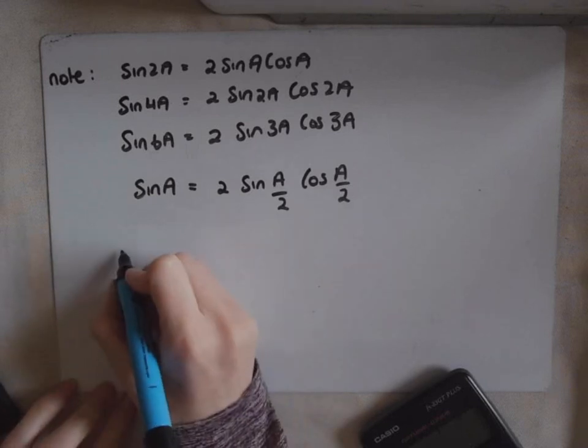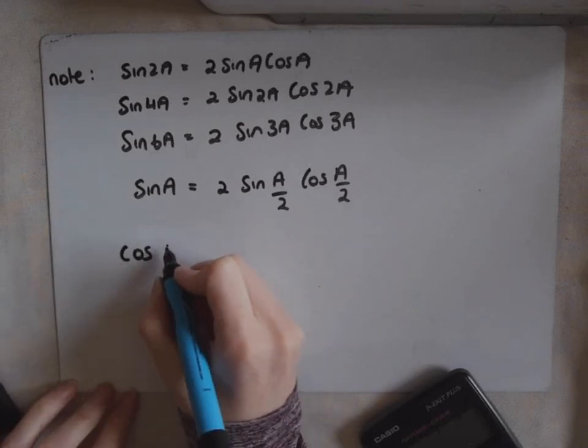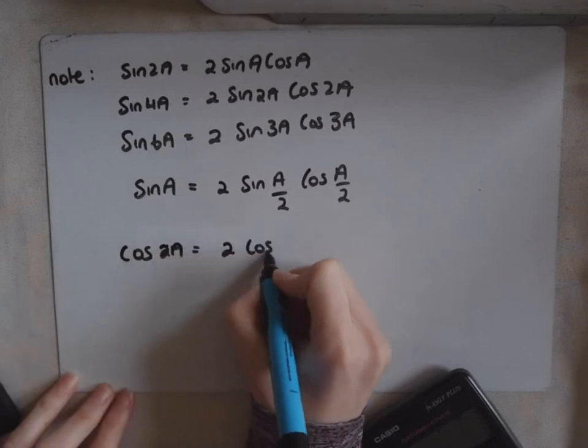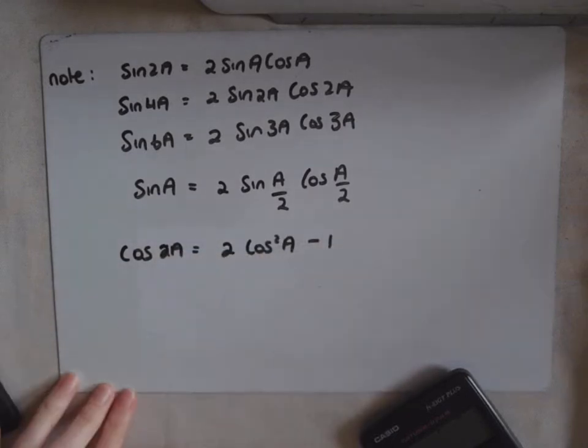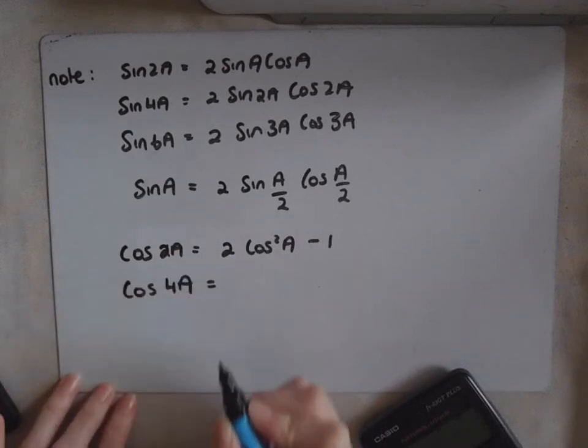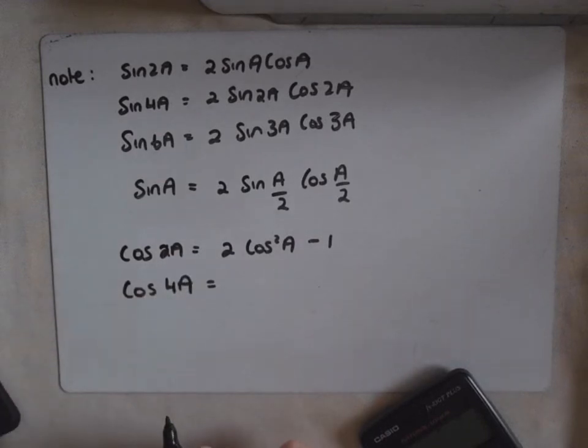Yeah, and just the same, I suppose, if we're talking about cos of 2a, we know it is 2 cos squared a minus 1. So if I wanted cos of 4a, what would it be? Similar principle to up here.